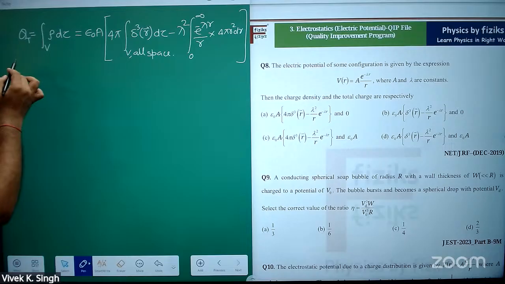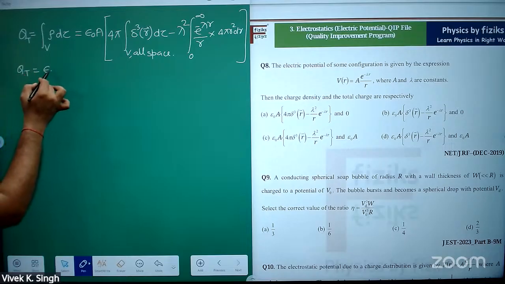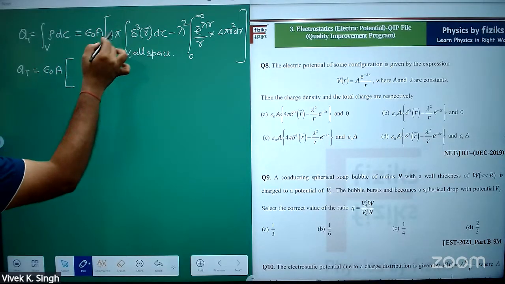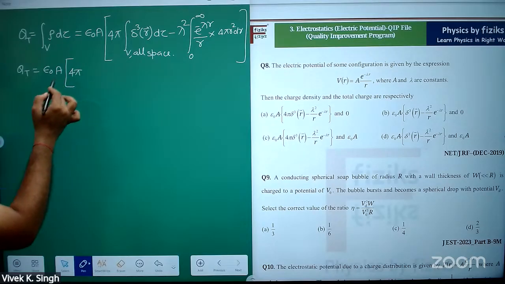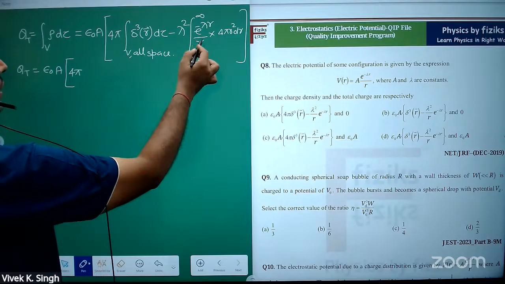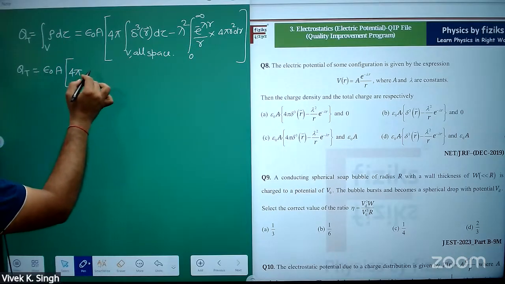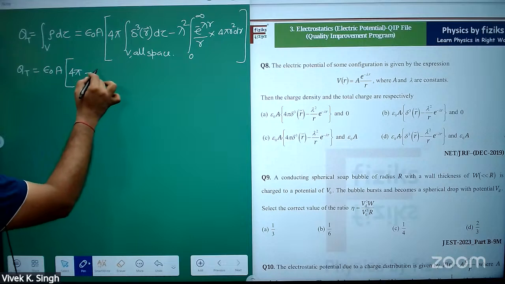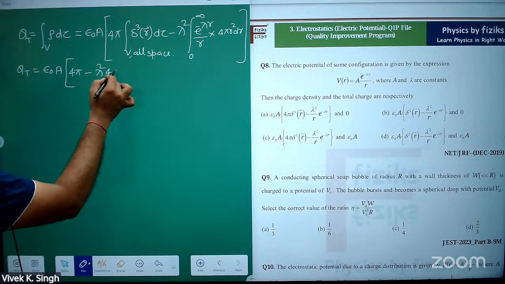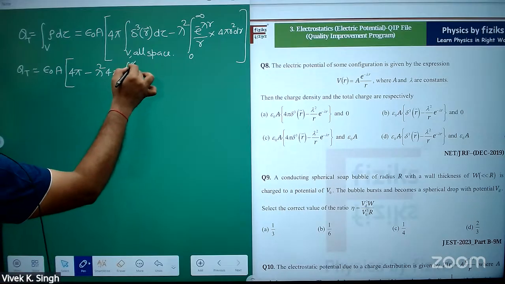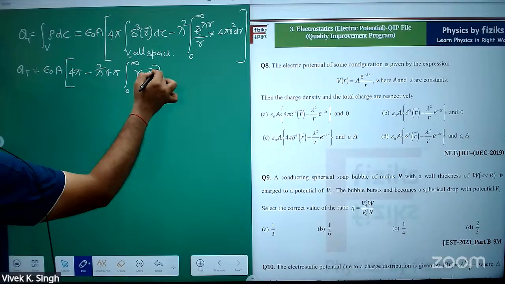So total charge is given by epsilon naught a, this value is 1, so you will get here 4 pi, minus lambda square into 4 pi, and then you have 0 to infinity r e power minus lambda r dr.